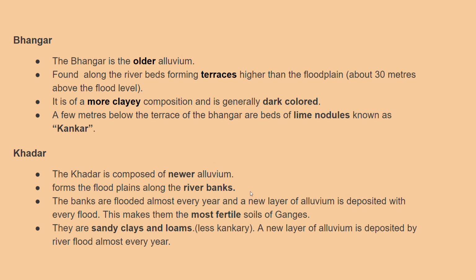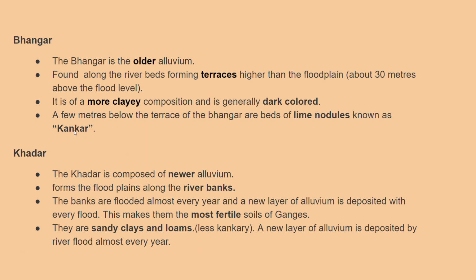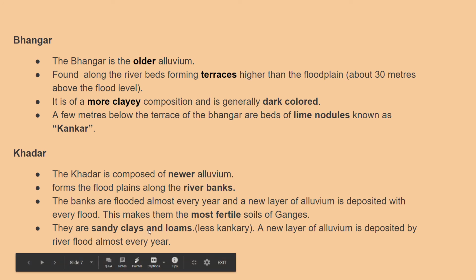It is a new layer and it is always light colored. Bangar soil has more kankar, that means more of bigger pieces of stones in it, because the finer material is always taken by the river water. And khadar is always sandy clay or loam, it is having less kankar in it. So these are the two types of alluvial soils.